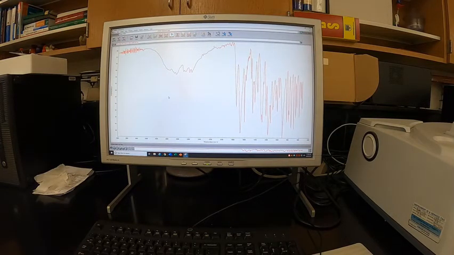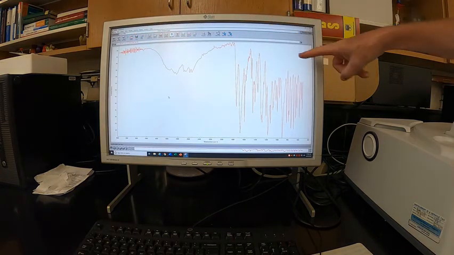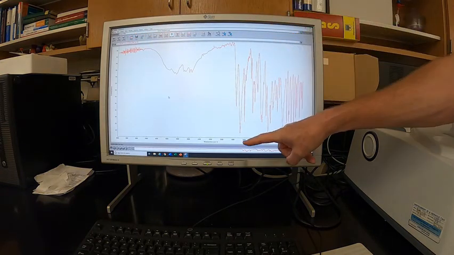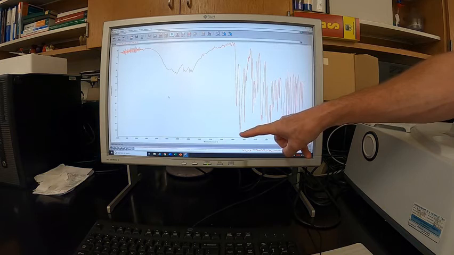So to back up a little bit, if you were to acquire a spectrum with nothing in there, so if I just did my background sample minus my background sample, we would get 100% transmittance of light. So what happens in the IR spectrometer, if there's a molecule there with a specific bond group that absorbs that radiation, instead of being 100% transmittance of light, we might get, in this case, about 20% transmittance of light.